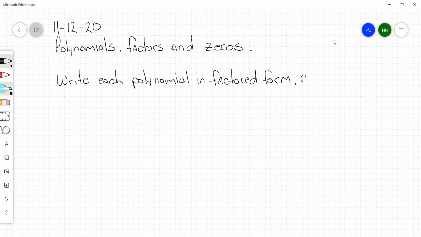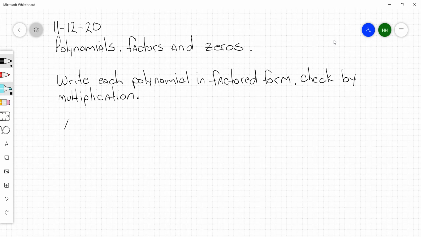And then it'll say check by multiplication, which means that you can check your own answer by simply multiplying your factors.